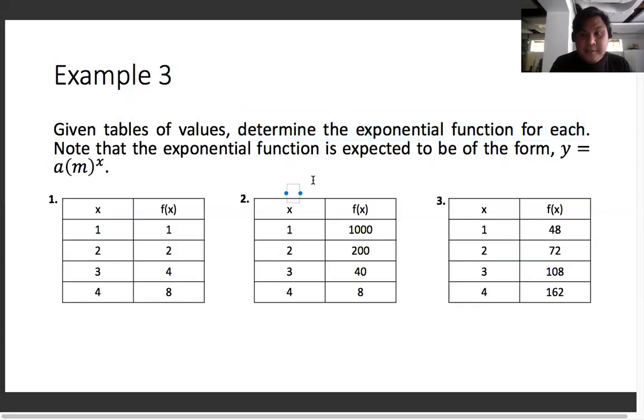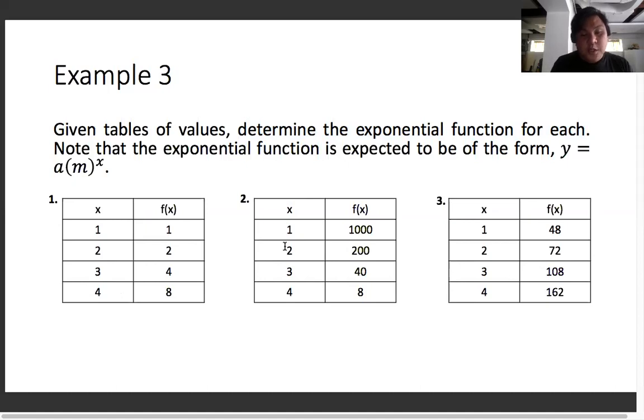Okay, we're back to this one. We know that it is an exponential growth function as the y values are increasing. So the function for this one is y equals 1/2 times 2 raised to the x.